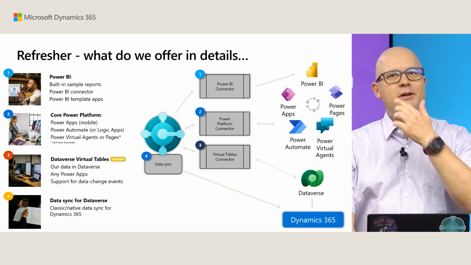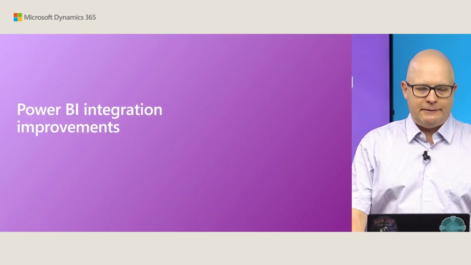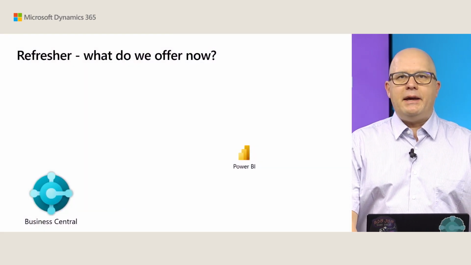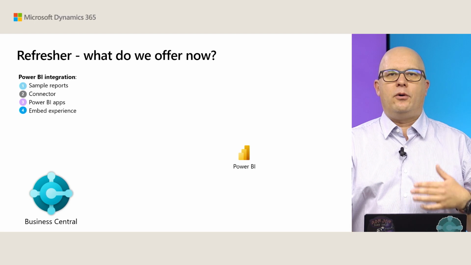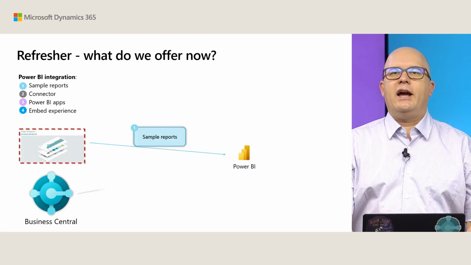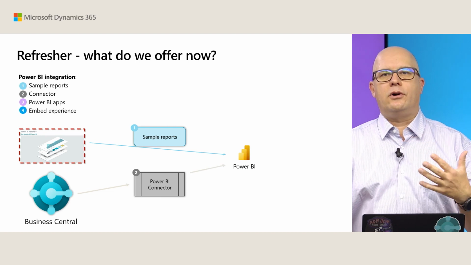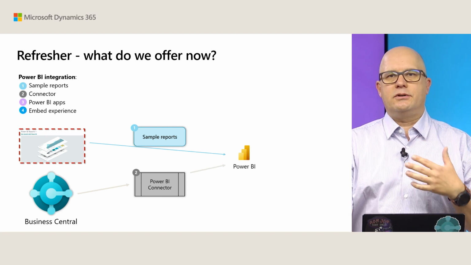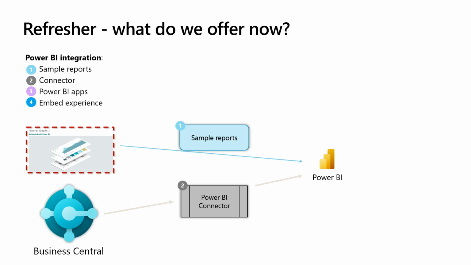So let's dive deeper into Power BI. For Power BI, as you know, we offer those reports that are available directly in Business Central. We have the connector allowing you to build your own reports or dashboards. For that, you will be using Power BI desktop product, which is the authoring tool. And then we have also apps that are available in App Source.